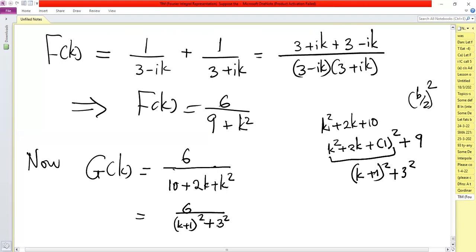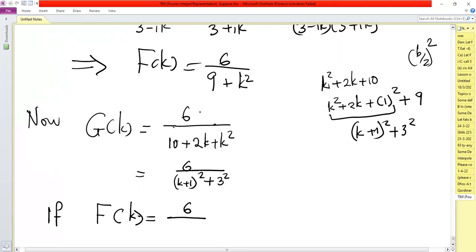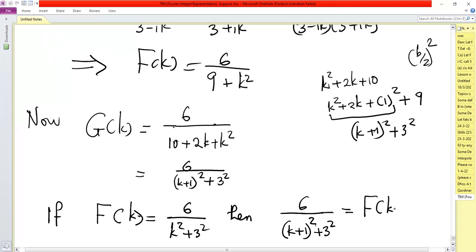So if f of k is given by 6 over, actually this is the same as 3 squared, k squared plus 3 squared, then 6 over k plus 1 squared plus 3 squared obviously should give us f of k plus 1.